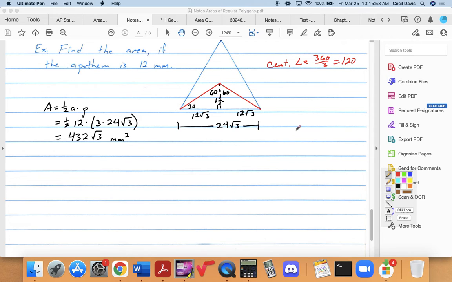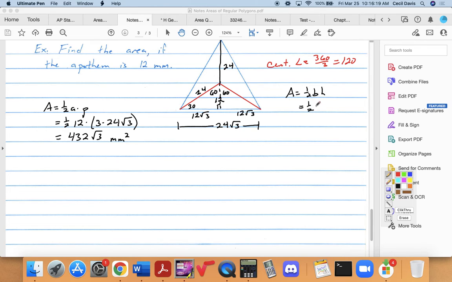Just a quick, by the way, you don't need to write this down, but you could have also done half base times height. You're like, well, how am I supposed to do that? I don't know the height. Well, if we finish this 30, 60, 90 triangle, the hypotenuse would be 24 because it'd be twice the short leg. And that would be this distance.